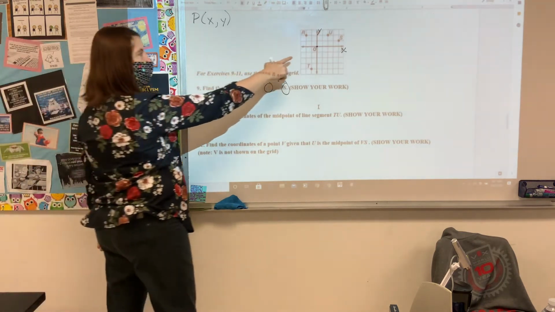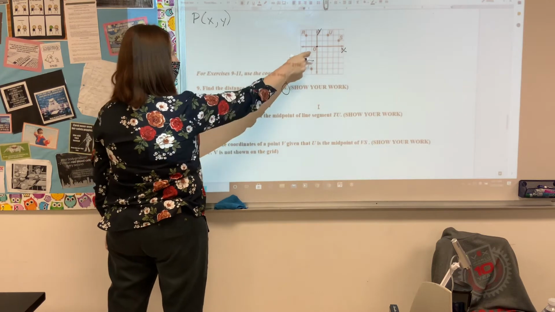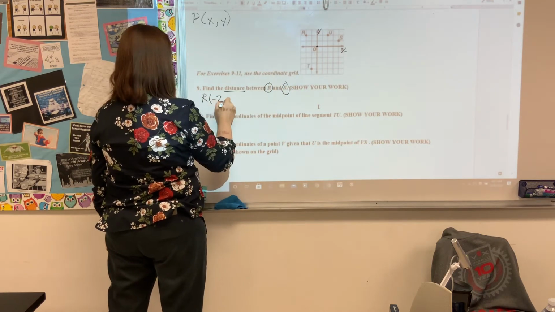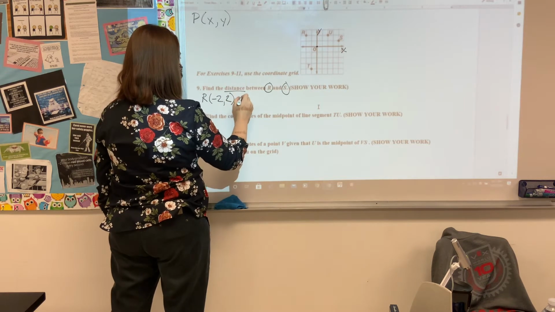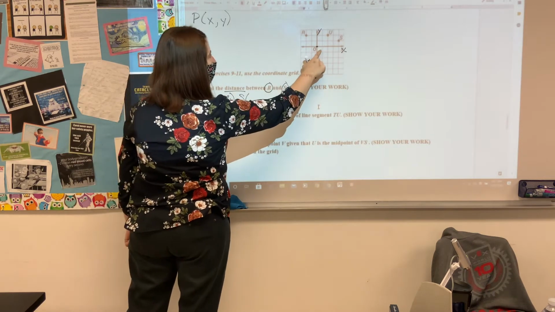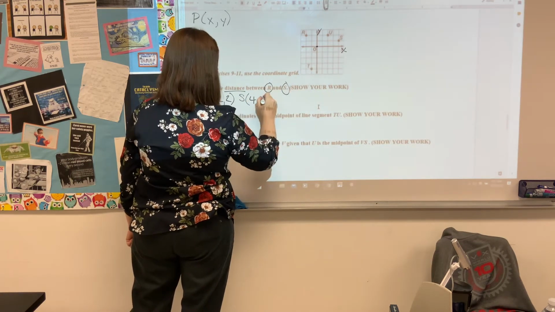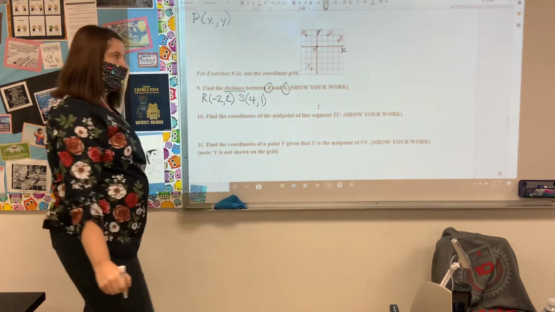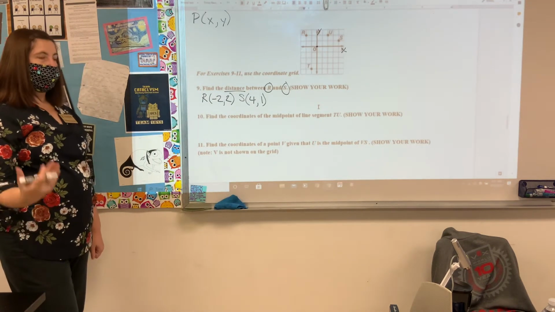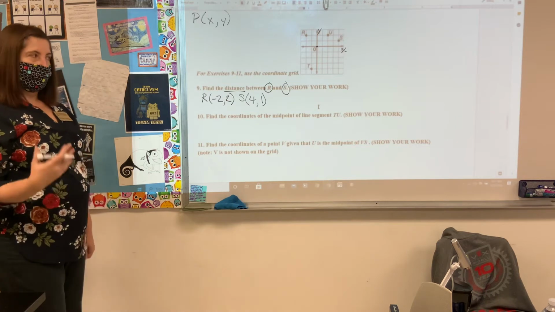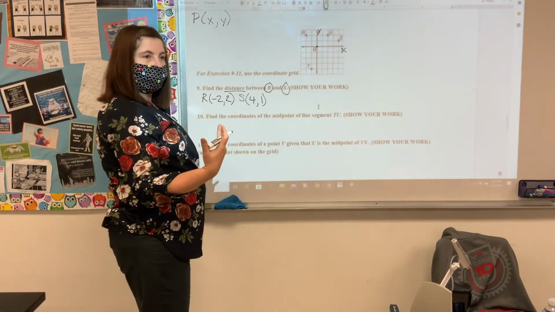Okay, let's find point R. R is x is -2, y is +2. S, x is 1, 2, 3, 4, y is +1. Now I need to plug it into a formula. Okay, I need a distance formula that has two different coordinates, the x and the y.